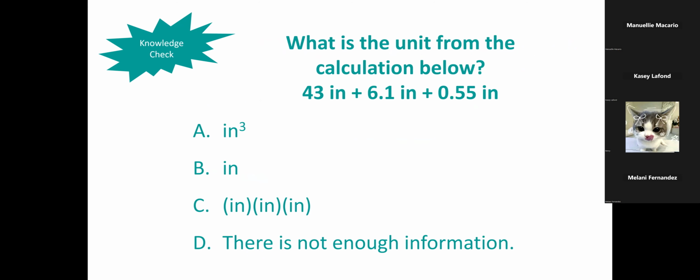Yep. So just like algebra units, if we had 43x plus 6.1x plus 0.55x, we would have some number of x's. So when we add things, they have to be in the same units for us to add them together. If we were multiplying, then our result would be either A or C.